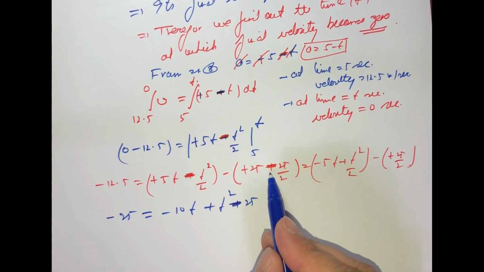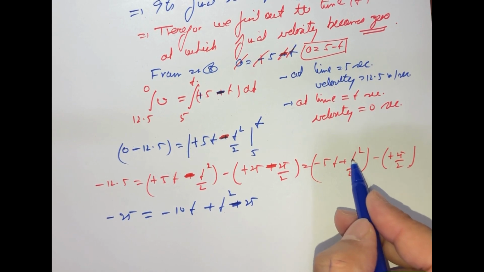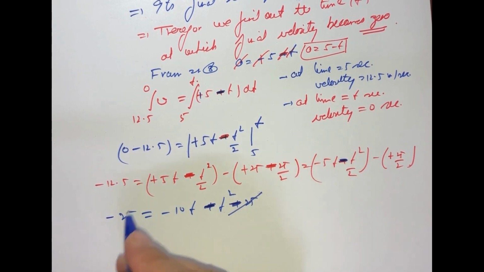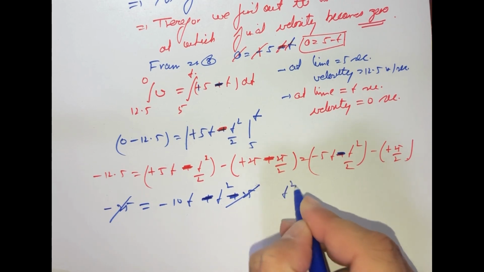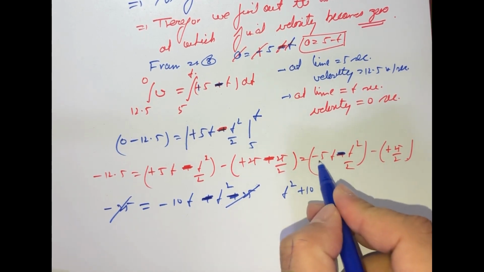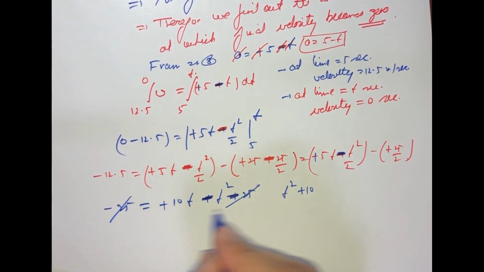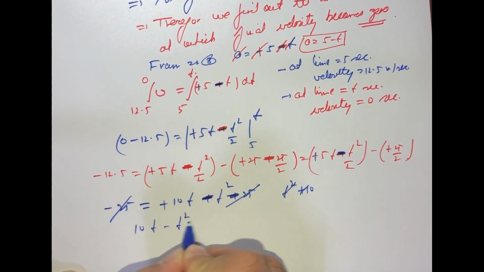This and this goes away, so we can say our equation can be 10t minus t square is equal to 0.